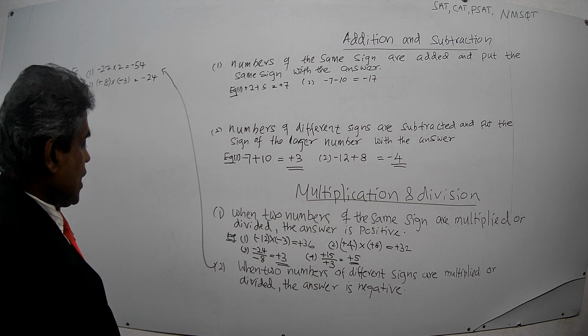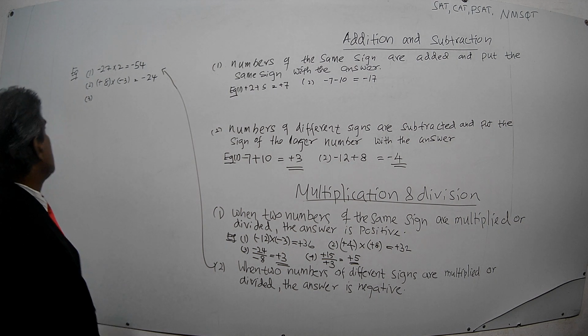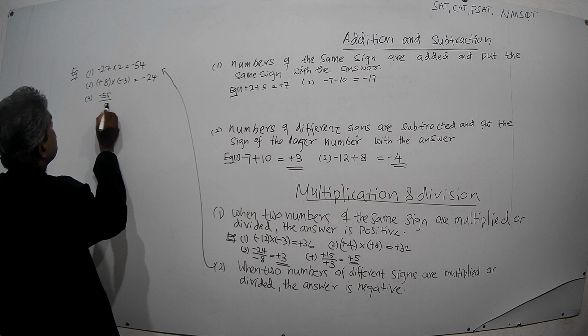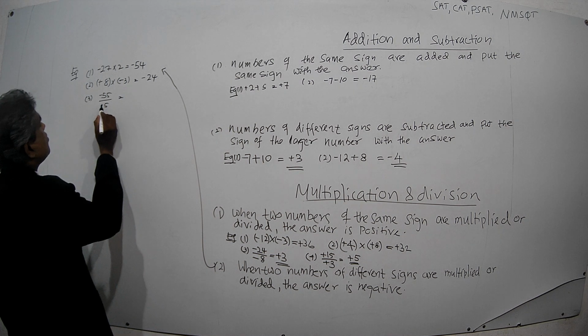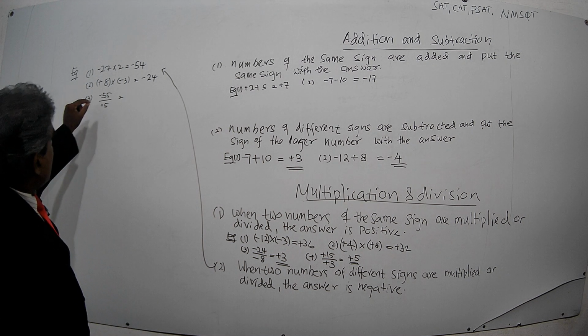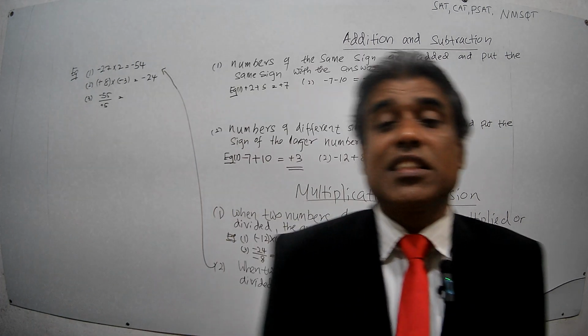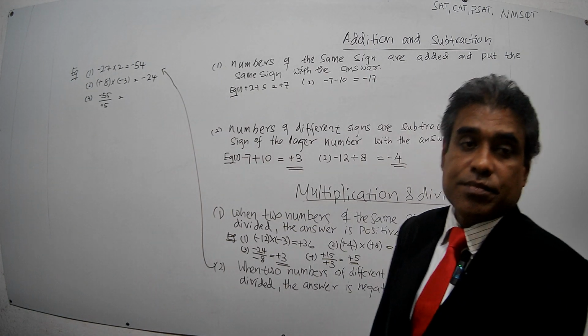Third example, you take a case where you have to divide. Say you divide negative 55 by positive 5. Now, two numbers of different signs are to be divided.